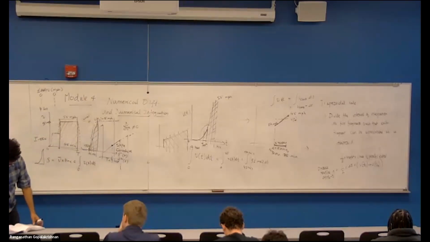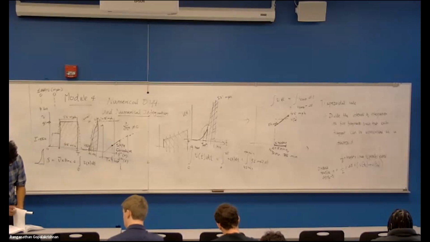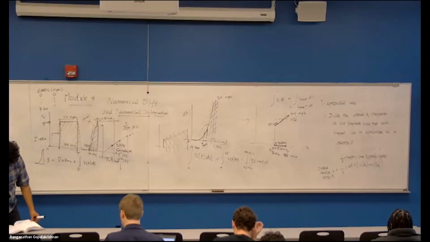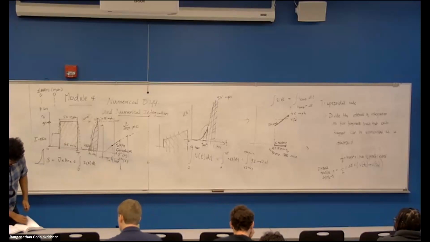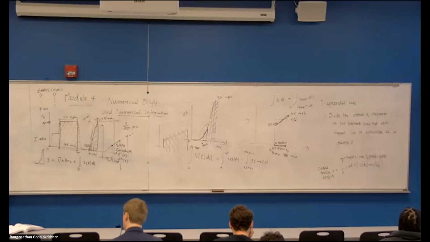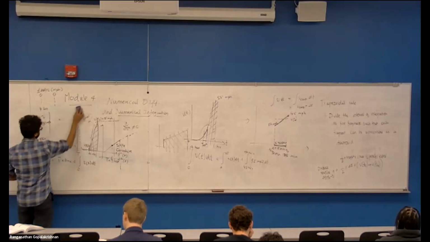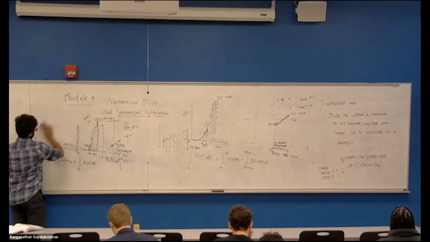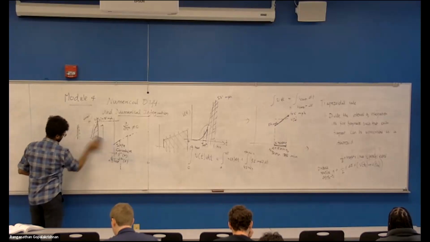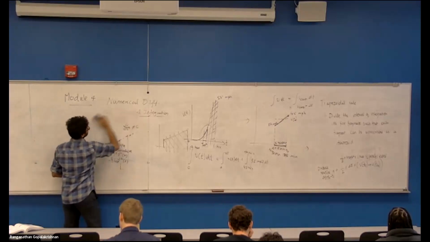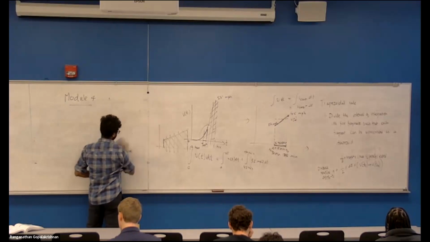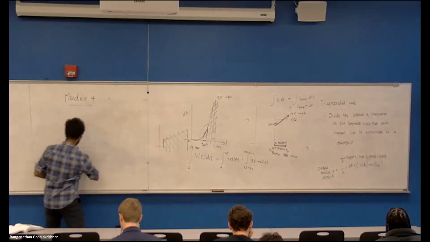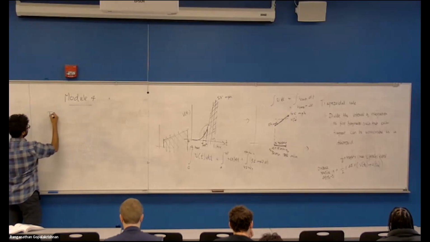So this is section 21.1. So let me erase this. So, trapezoidal rule.